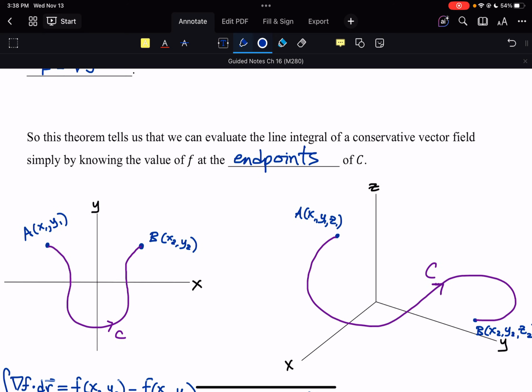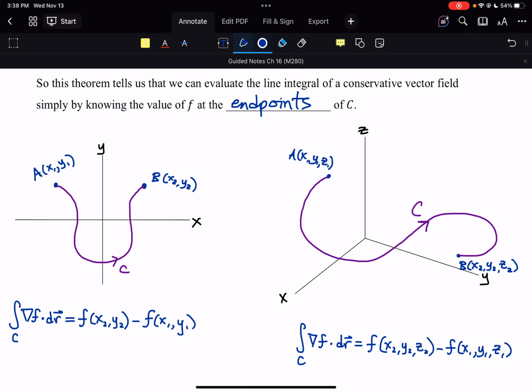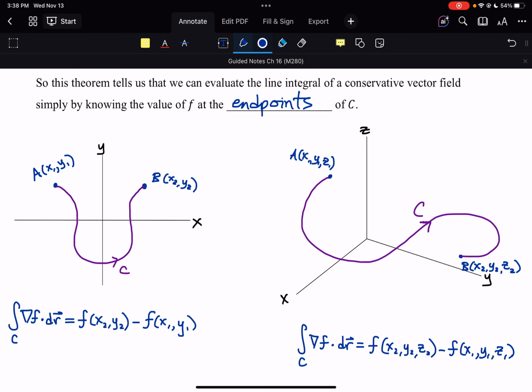So I got a couple diagrams down here. This property holds in 2D and 3D. So we can see in the 2D graph over here, points A and B, we have the curve C between them.